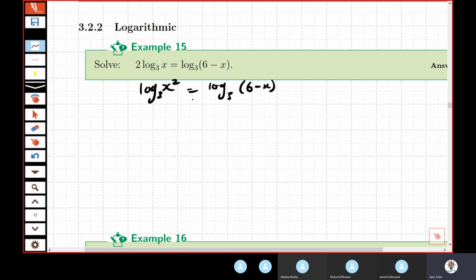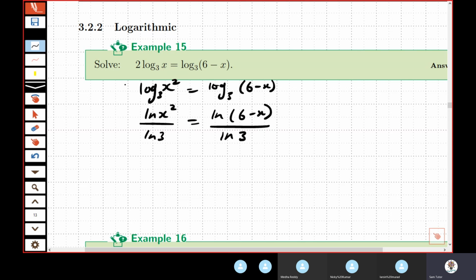Now I don't like this 3 either, right? That's a bit annoying. So what I'm going to do, I know my change of base, so I can rewrite this as ln x squared on ln 3, which equals to, right? Change of base says log of x squared over log of 3 equals log of the top one over log of the bottom.